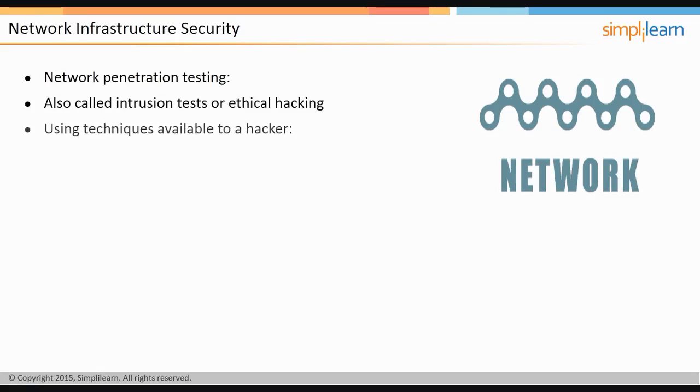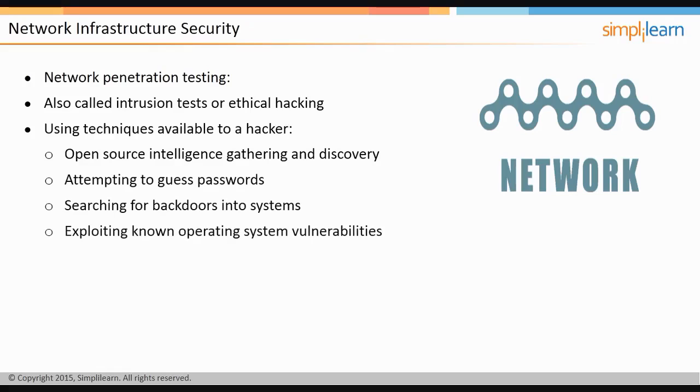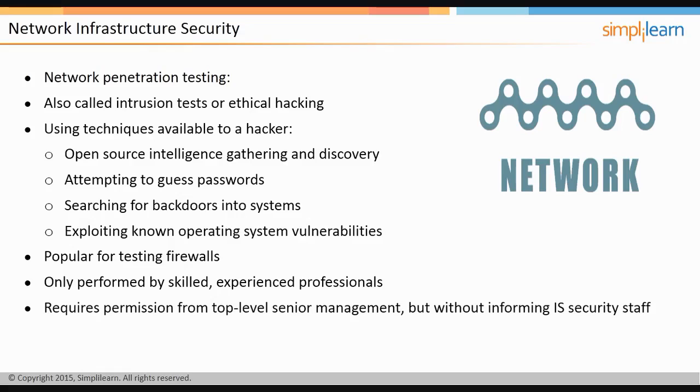It involves using techniques available to a hacker: open source intelligence gathering and discovery, attempting to guess passwords, searching for backdoors into systems, and exploiting known operating system vulnerabilities. It is popular for testing firewalls and is only performed by skilled, experienced professionals. It requires permission from top-level senior management, but without informing IS security staff.